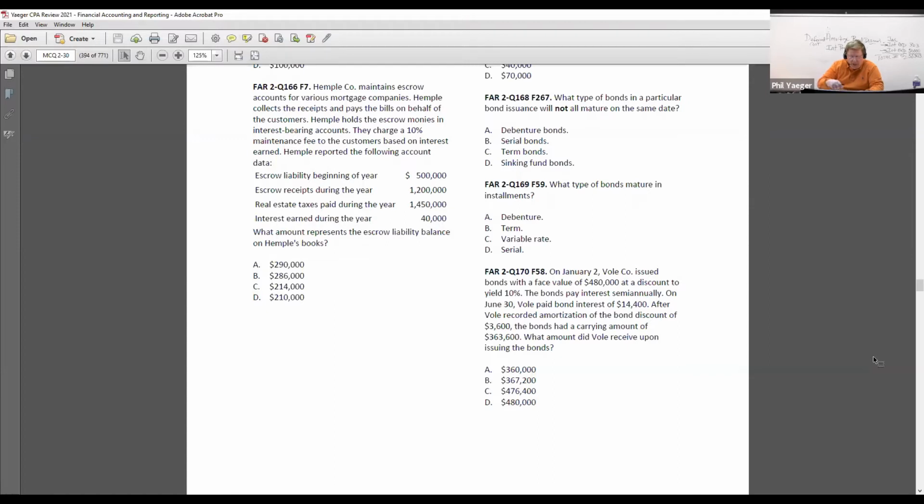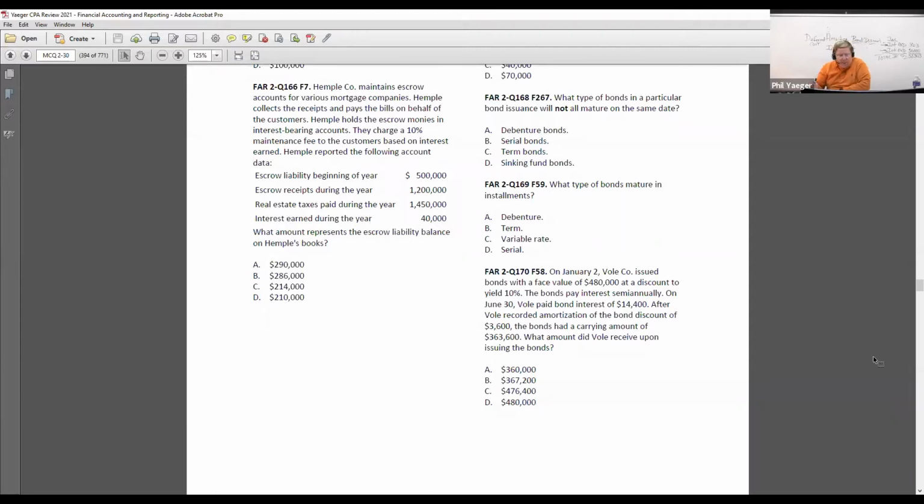Why is the interest expense increasing? Because the carrying value of your bonds payable is increasing. So your liability is increasing, and it only seems logical that your interest expense is going to go up. Does that make sense? Yep.